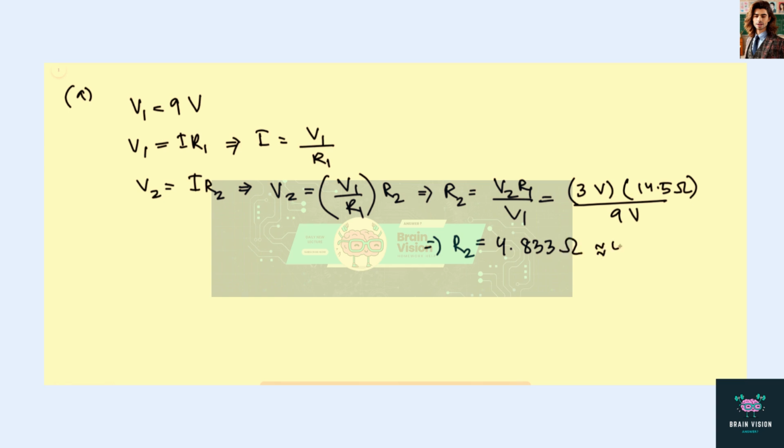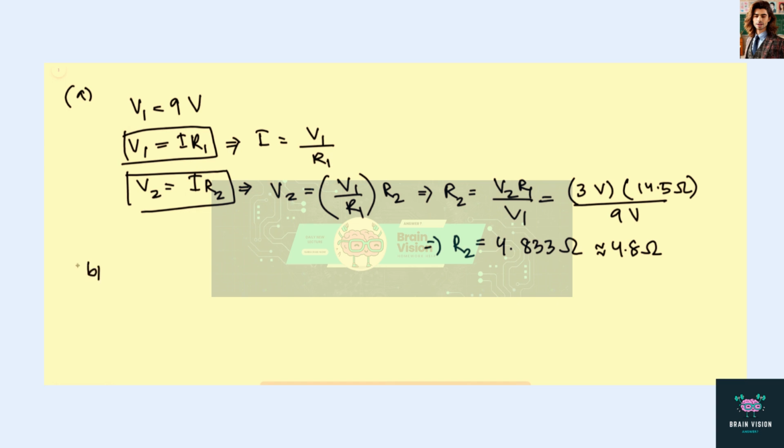And approximately this is 4.8 ohms. So V2 here is basically the value of the terminal voltage that we used. So this expression is for the terminal voltage, and this is for the voltage across R1.